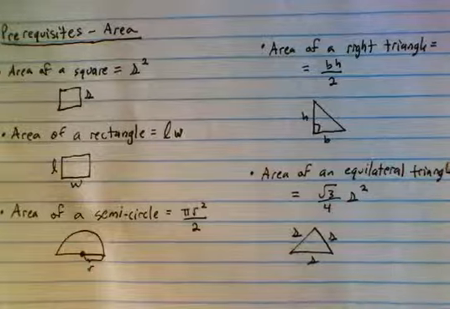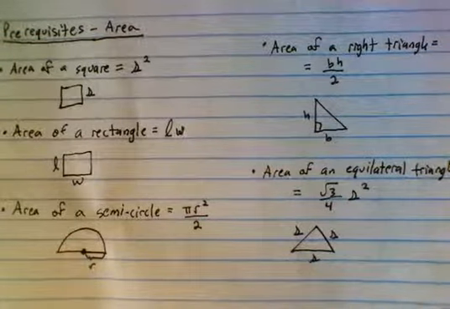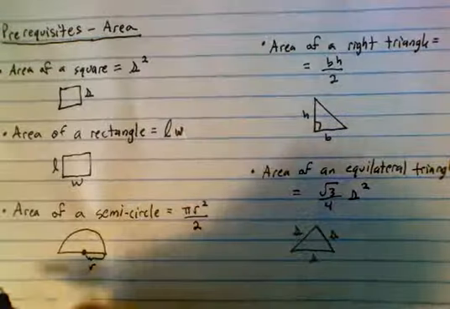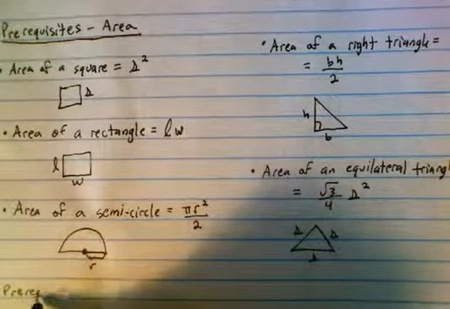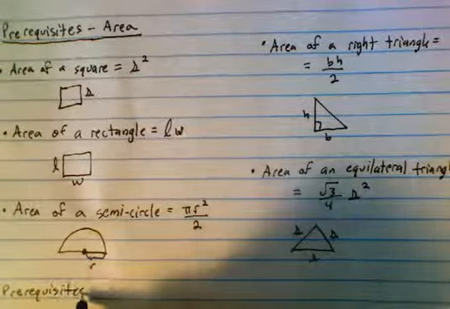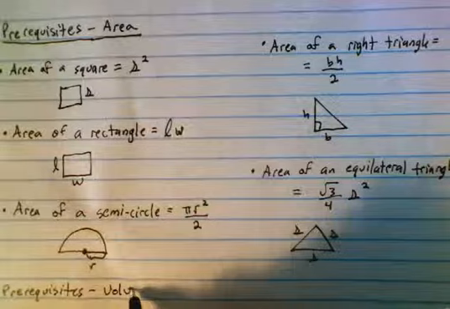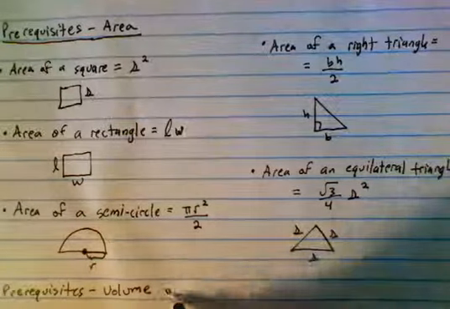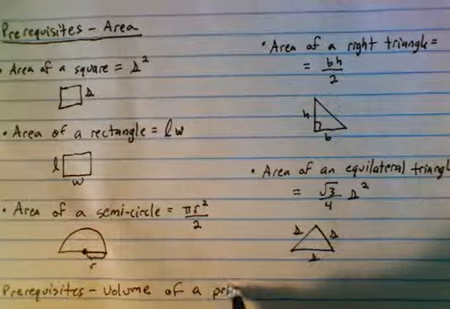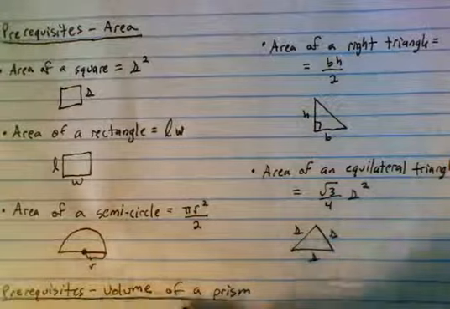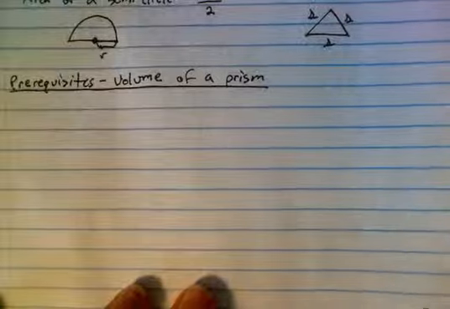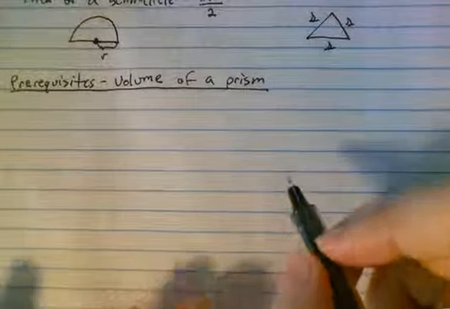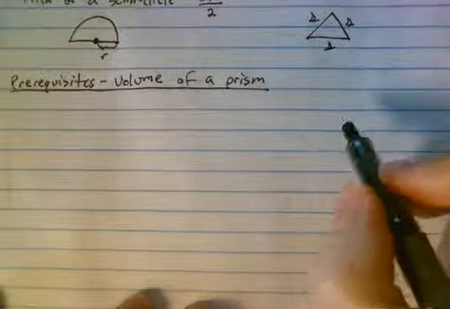So before we do the calculus way of doing things, we need to know how to work with volume in a non-calculus way. So let's do another prerequisite. Whenever we have a prism, let's just say it can be any weirdo shape that we want.